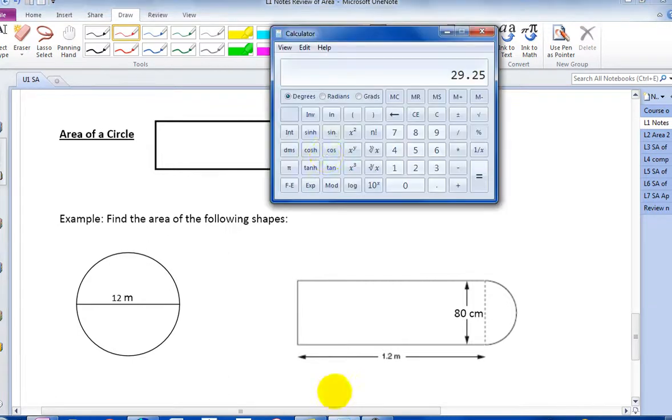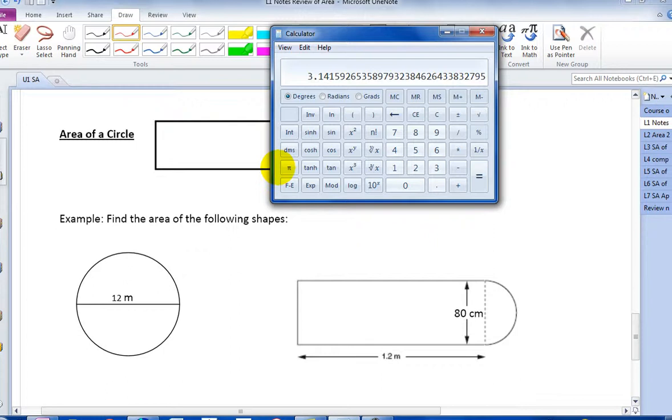So if I press my pi button, have a look. It's a lot bigger than 3.14. In fact, we call that in grade 10 an irrational number because it goes forever and ever. It never stops, okay?